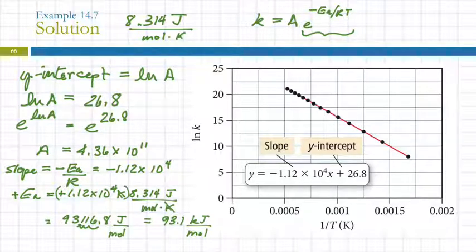Yeah? I have a question. If A is a frequency factor, why doesn't it have a unit in like seconds or minutes? That's an excellent question. Why doesn't A have a unit? I believe that it does. Let's think about k, the rate constant.